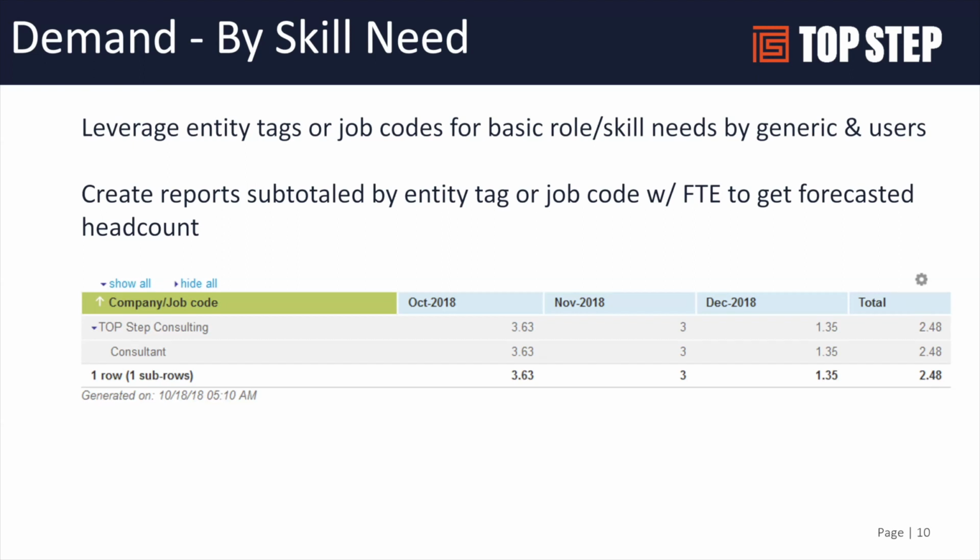You can also show other attributes via entity tags on a user. So using entity tags and job codes, you can get that basic role and basic skill for both generics and users, and then use that as part of the reports to drive the elements in the report to get a better level of accuracy.